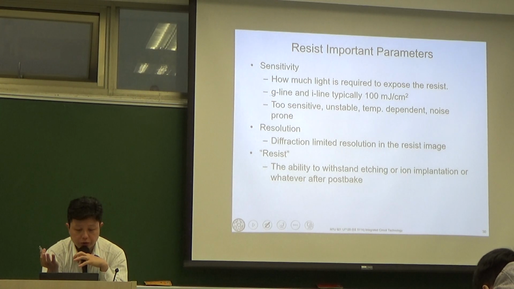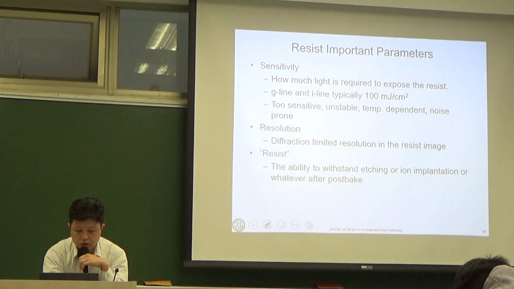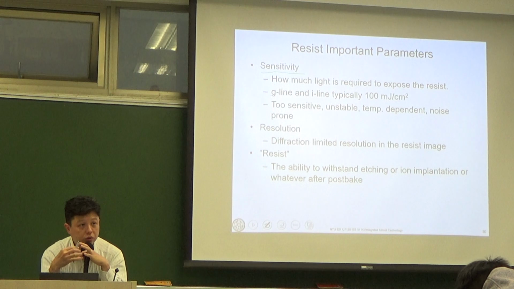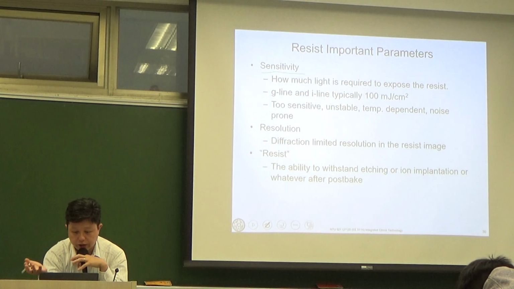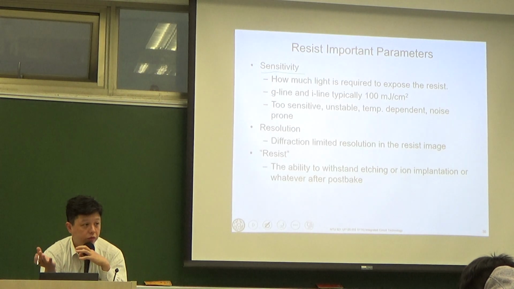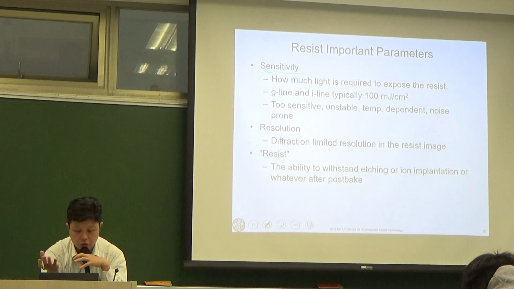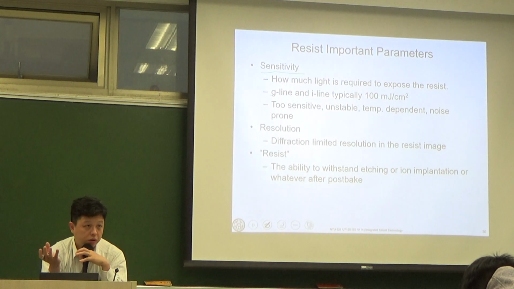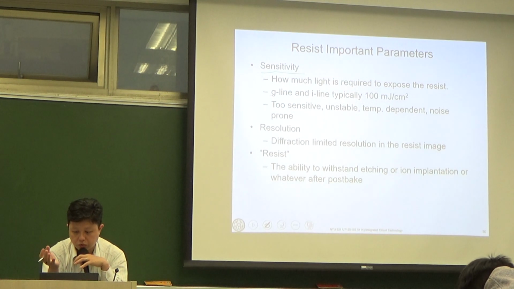So these are some parameters that we care about for the photoresist. The first one is the sensitivity. How good does it react with your photons? If it is a very sensitive material, it means you can use less photon energy, less dose, in order to expose the resist.